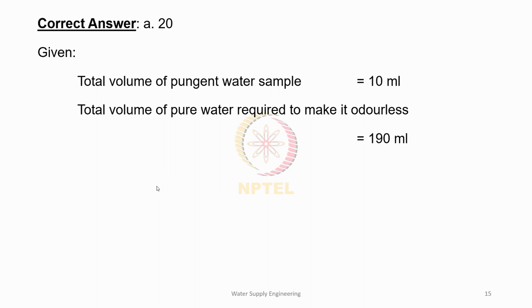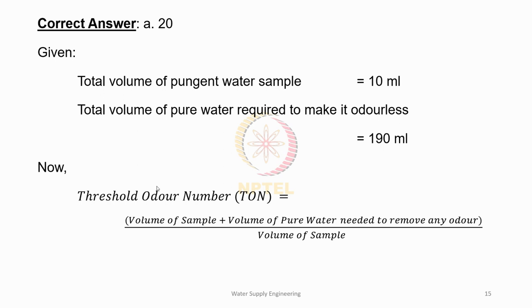So by the formula, threshold odor number is equal to volume of sample plus volume of pure water needed to remove any odor, divided by volume of sample, which is equal to 10 plus 190 divided by 10, which is equal to 200 by 10, or 20. So that is option A.